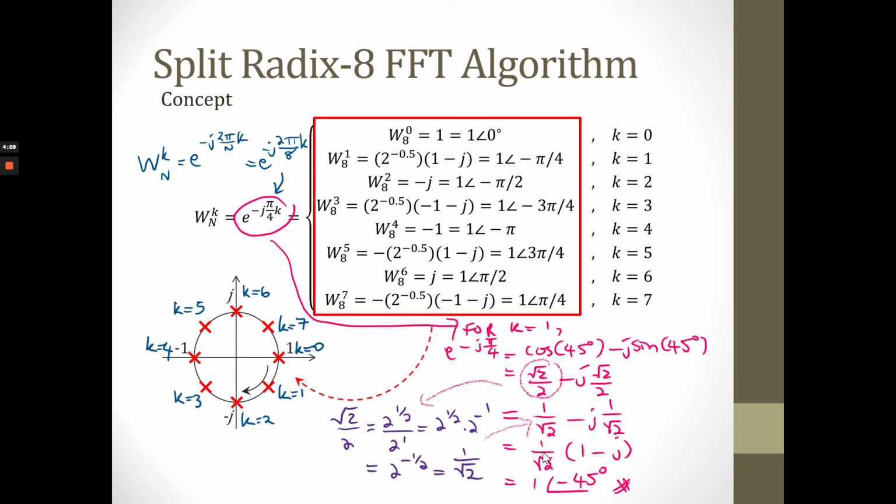We have 1 divided by root 2 multiplied with 1 minus j. And this is actually equal to, when we convert into polar form, magnitude 1 and negative 45 degrees, same as this answer. Okay, this is to explain this function. And you can repeat for k equal to 3, k equal to 5, and also k equal to 7. You will have a similar answer based on this method, using Euler's identity, cos omega k minus j sine omega k.